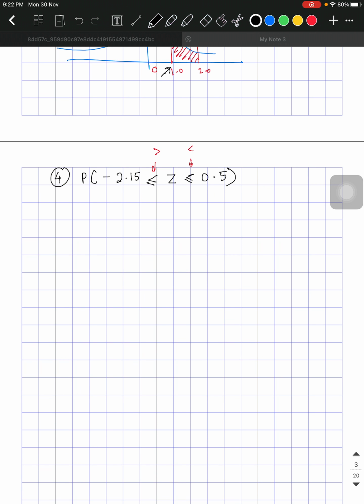Okay, let's proceed with creating the bell shape. Draw the bell shape so you can see it more clearly. Okay, this is 0, and you have to notice that both of these values have different signs, one is a negative value and one is a positive value.